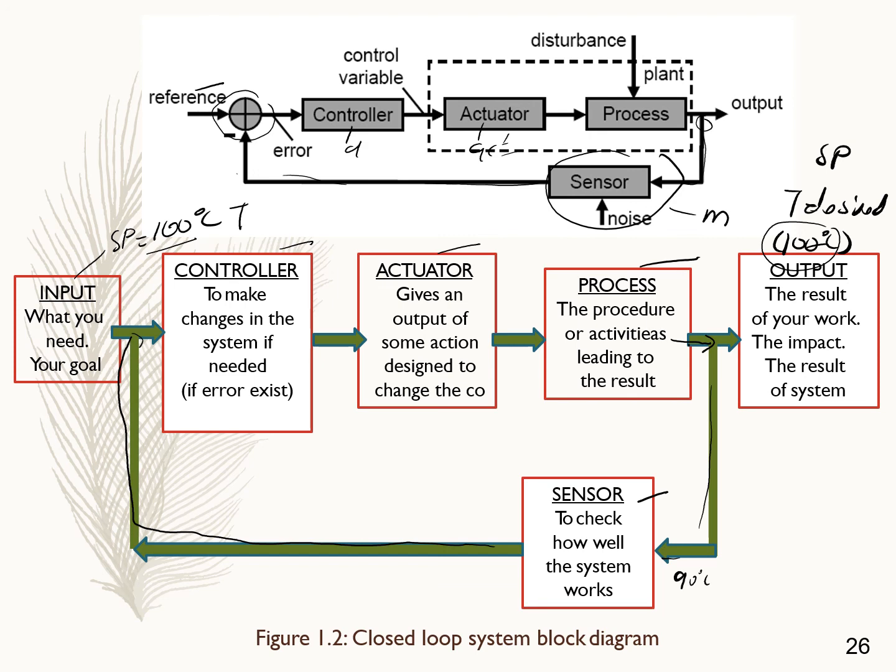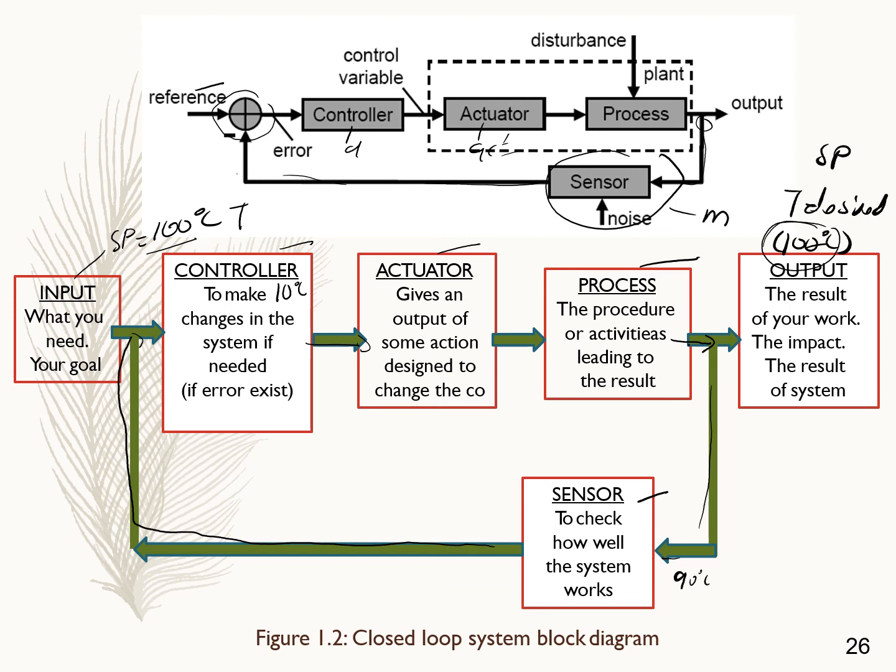So the controller will make a comparison and make the decision. Okay, in this situation, they want another 10 degrees Celsius to meet the set point, and then the controller will ask the actuator, normally our final control element, which is a valve, to take an action.